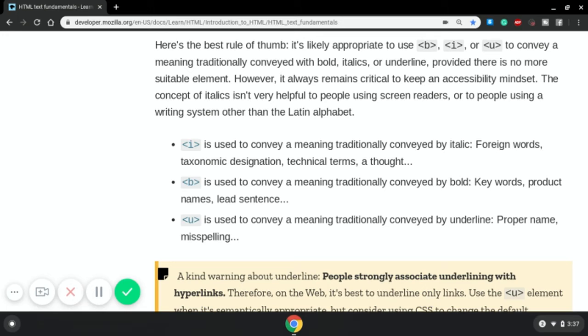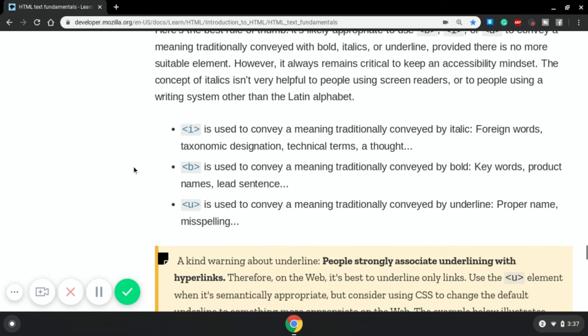However, it always remains critical to keep an accessibility mindset. The concept of italics isn't very helpful to people using screen readers, or to people using a writing system other than the Latin alphabet.